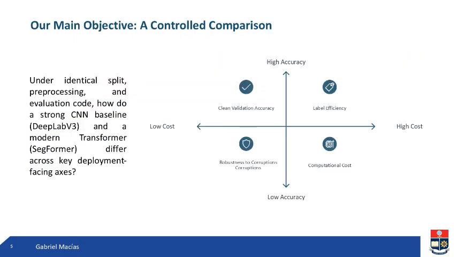Let us first consider convolutional neural networks. CNNs rely on convolutional filters that operate locally across the image. These filters capture spatial patterns such as edges, textures, and shapes, building hierarchical representations through multiple layers. One of the key strengths of CNNs is their inductive bias toward locality and translation invariance.